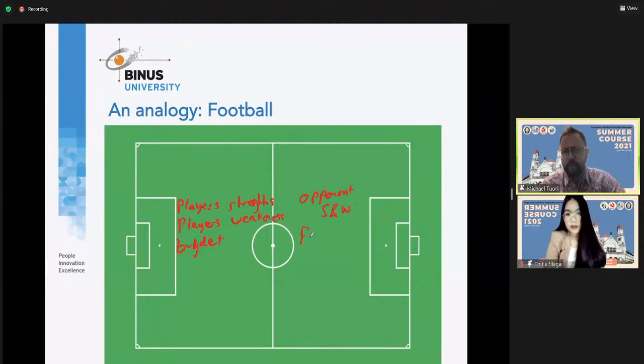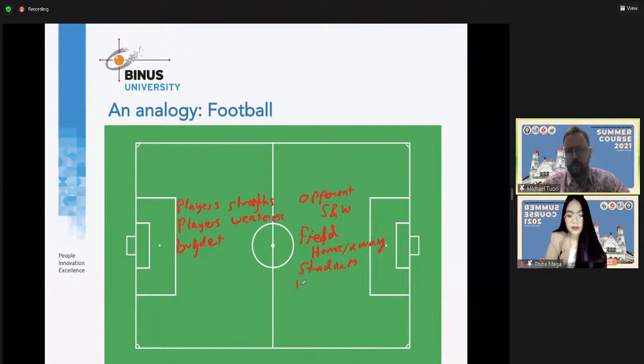So things like the field, you're maybe going to have a different strategy if you're on a home field or you're a visitor. The place, the stadium, whether it's an open field or a closed field is important, at least with American football, which I know more about. So the stadium is important.